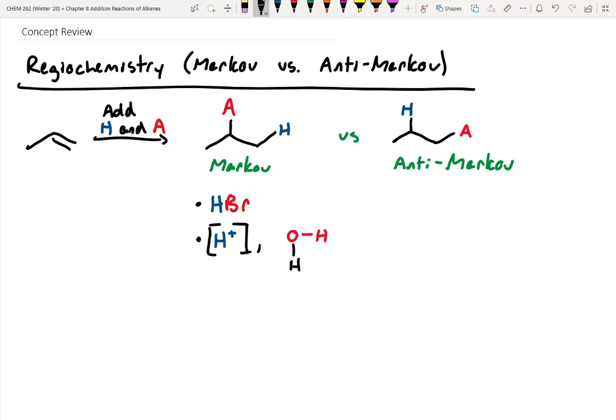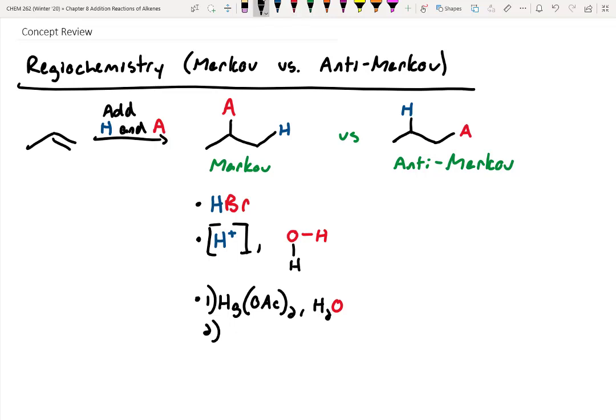All right, and then the last one was HgOAc2. That was step one. And then step two, oops, sorry, I forgot water here. And the oxygen is going to get added to the more substituted side.